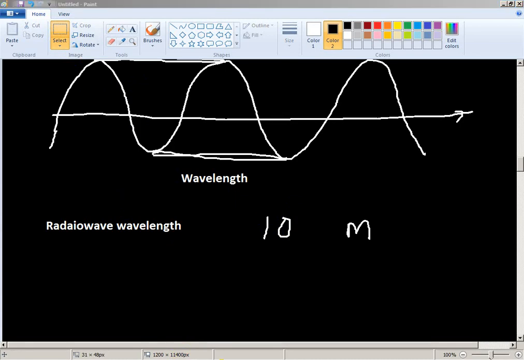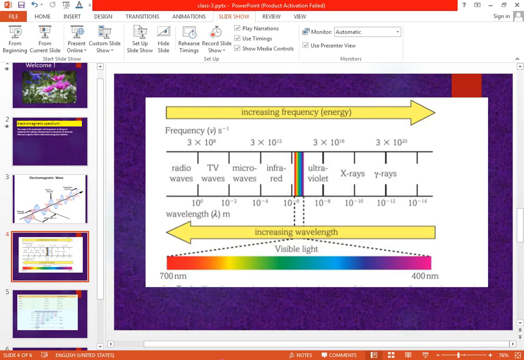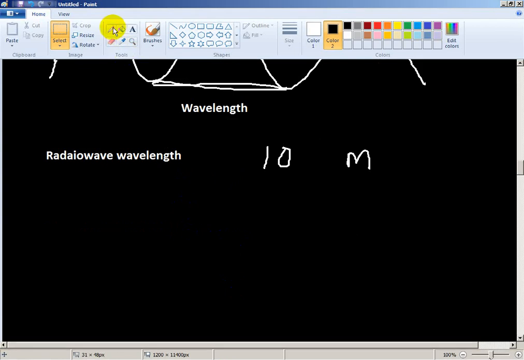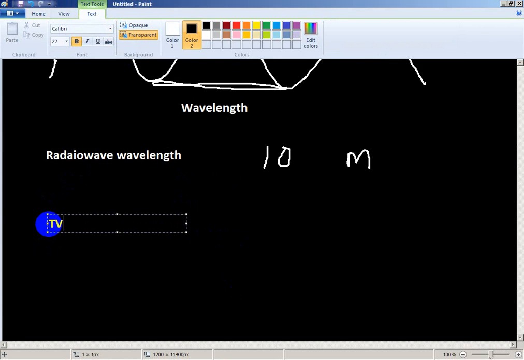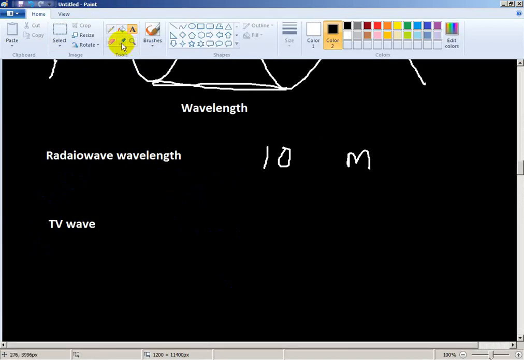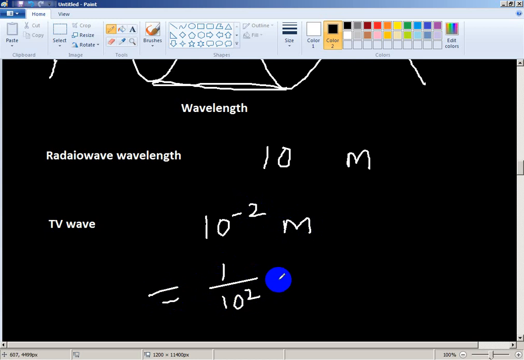And the next wavelength is TV wave. TV wave wavelength is 10 to the power minus 2 meter.